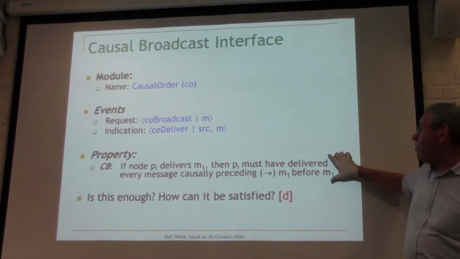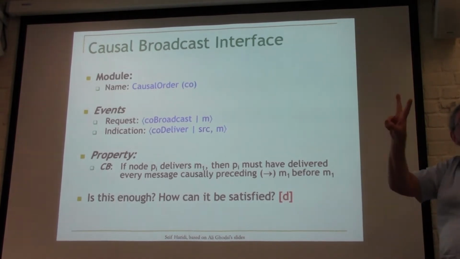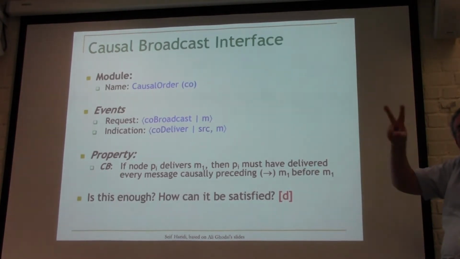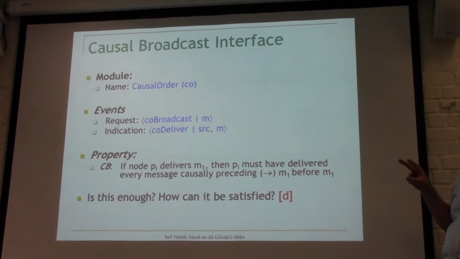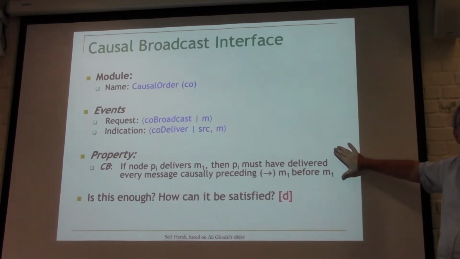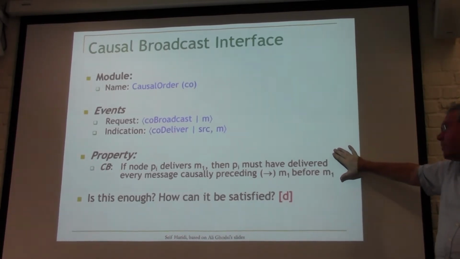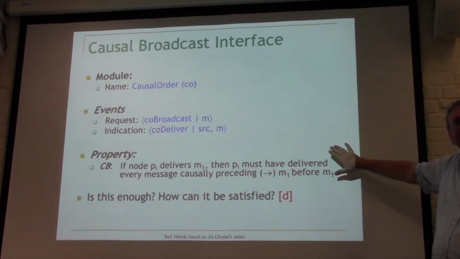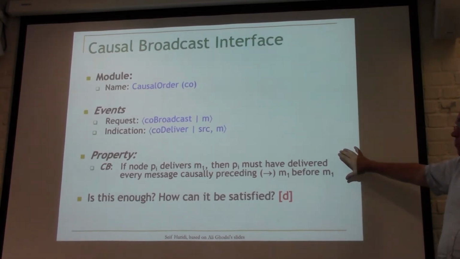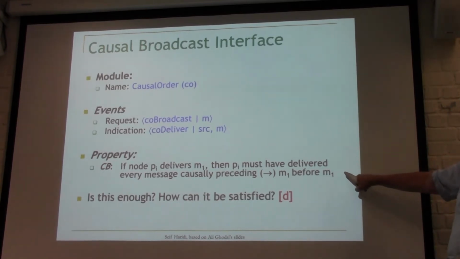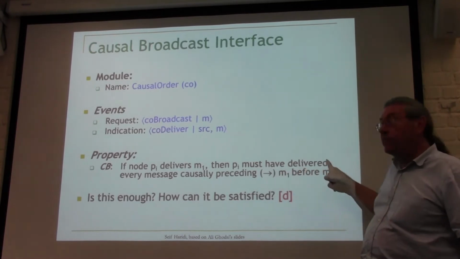So what kind of property is this? Remember we saw these two kinds, these two fundamentally different kinds of properties. What kind is this one? Remember the two kinds? It should be a safety property. Safety property, exactly. Because you can break it very easily, the system.